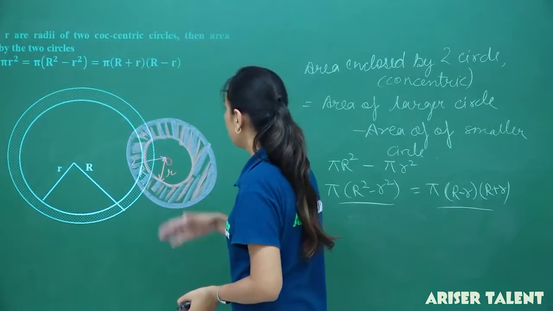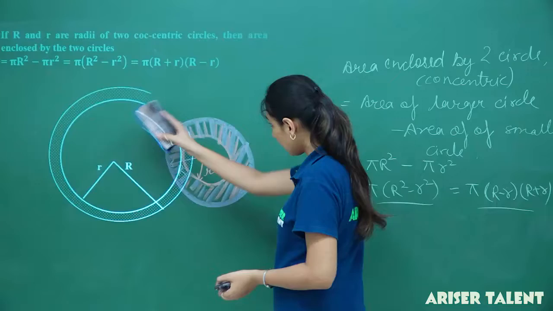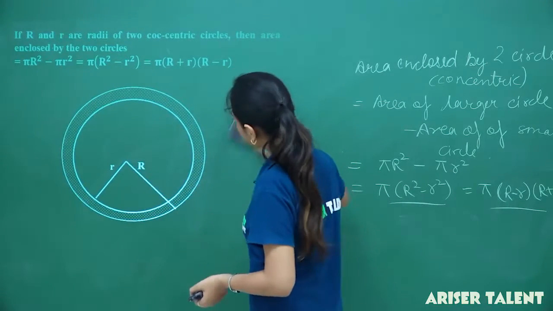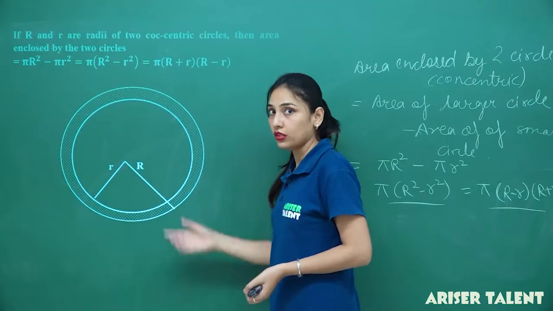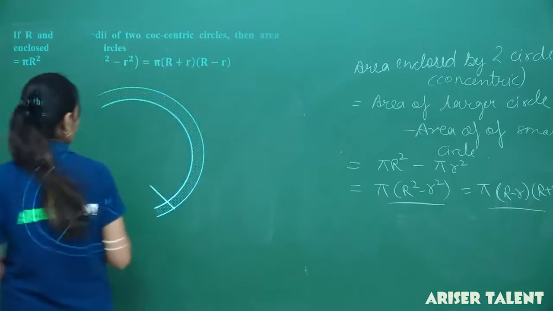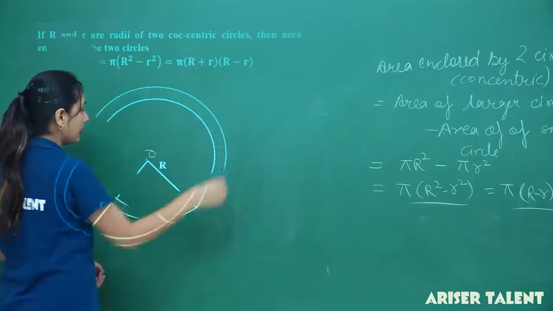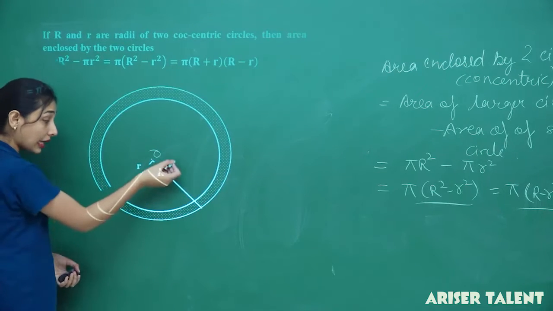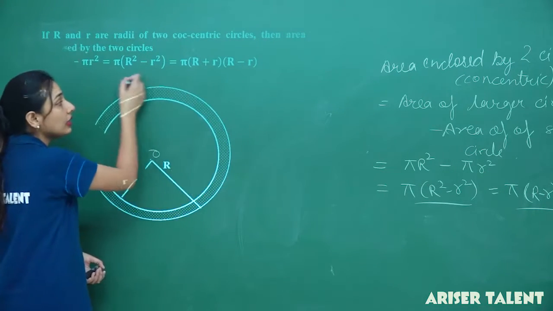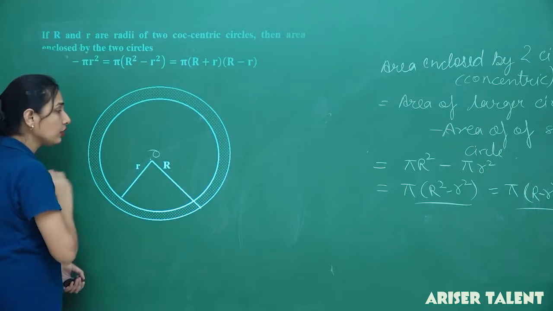So, let us see this. This is a proper diagram of concentric circles. Here I have this center O, which is the center of these two circles. This is capital R for the larger circle and small r for the smaller circle.